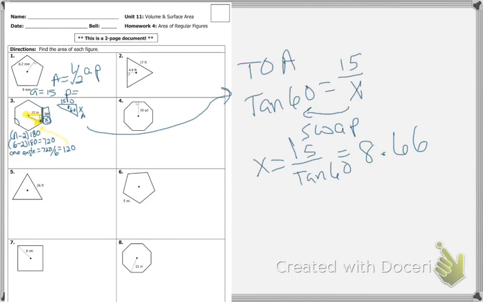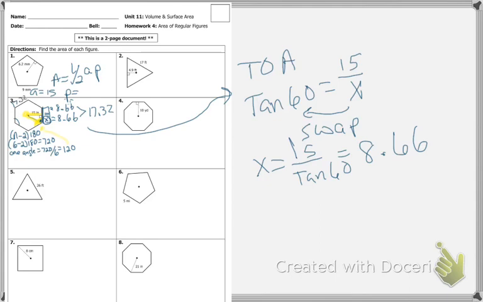Okay, so now that I have x, let's go back here. I'm going to erase this piece right here. This guy is 8.66. That means that this guy is also 8.66. Both of them together add up to 17.32. We now know that one full side is 17.32.